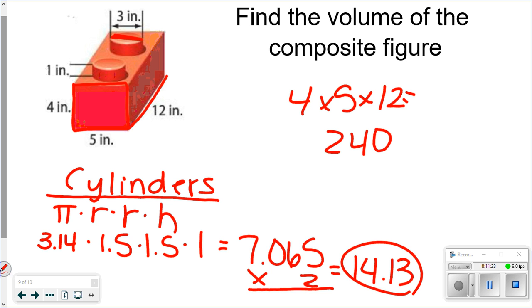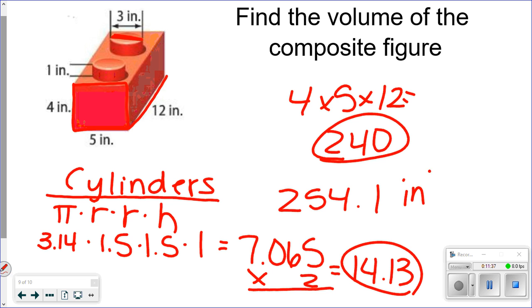All right, so here's your rectangular prism. Here's the cylinders, let's add them together. And this is what it should be all together. 12 inches, right there. It's going to ask you to find some composite figures as well.